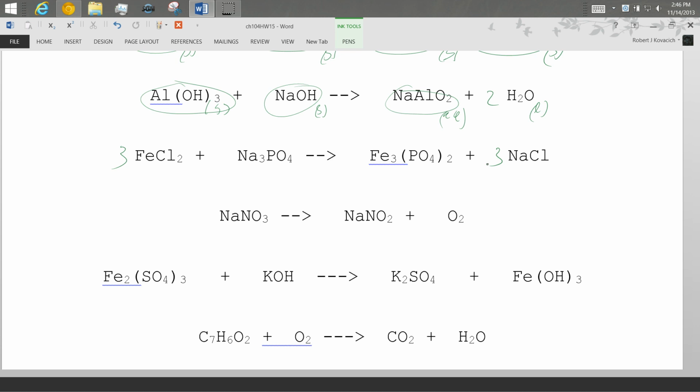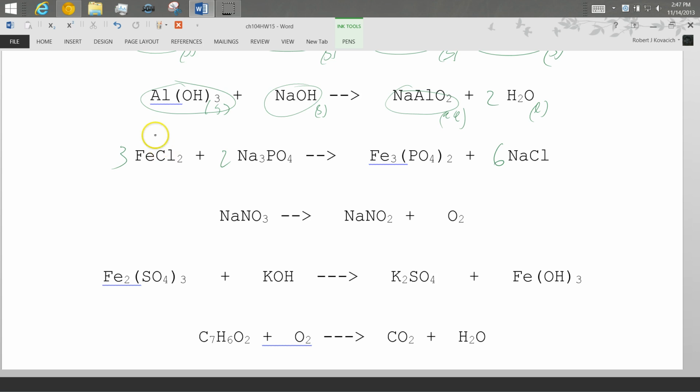So I've got 2 phosphates on the right and 1 on the left. So I'm going to go ahead and put a 2 here to balance out my phosphates, which means I'm going to need to erase this 3. So my irons are still balanced. My phosphates are balanced. I can balance my sodiums if I put a 6 here. And that balanced out my chlorines for me, didn't it? Gave me 6 chlorines on the right, which went along with my 6 chlorines on the left.